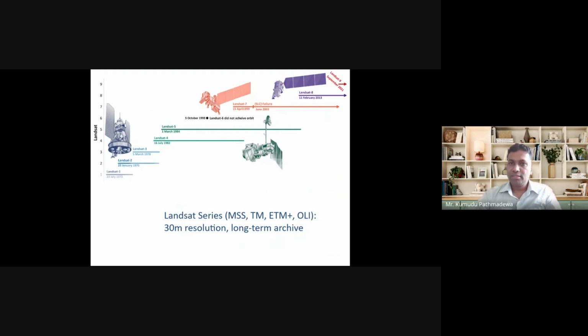Everyone can access this Landsat data, and you can download this data freely for your research. Also, you can use this data for free, since it is freely available on the internet.